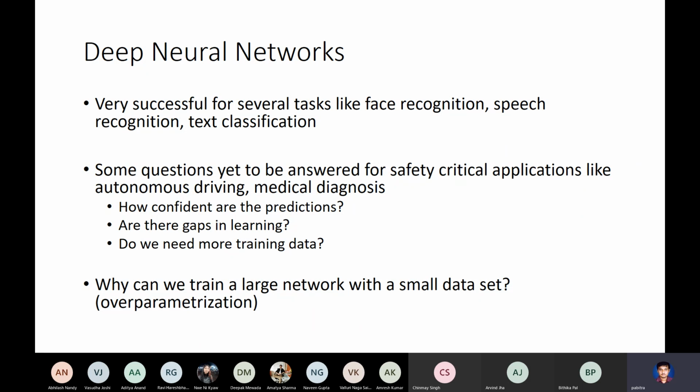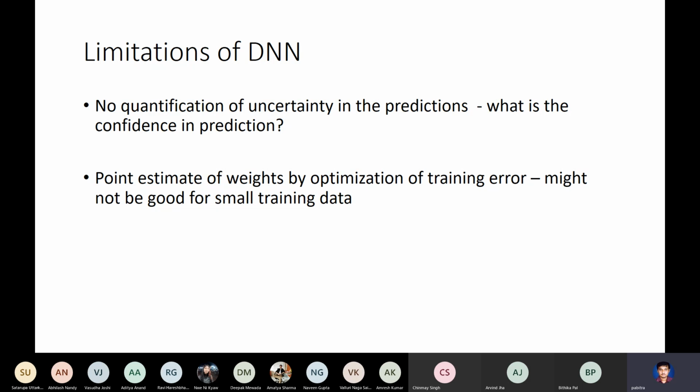This problem is known as the over-parameterization problem. It usually should lead to overfitting, but often it doesn't happen. So why does deep learning work, even though it has a huge over-parameterization? Some of these questions, not all, can be solved using Bayesian learning.